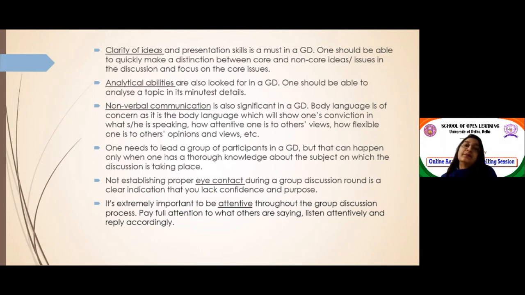Then not establishing proper eye contact during a group discussion round is a clear indication that you lack confidence and purpose, right? A very important point: whenever you are part of a discussion, responding to the people around you, you should always maintain eye contact with the person you are speaking to, because it shows respect and consideration.